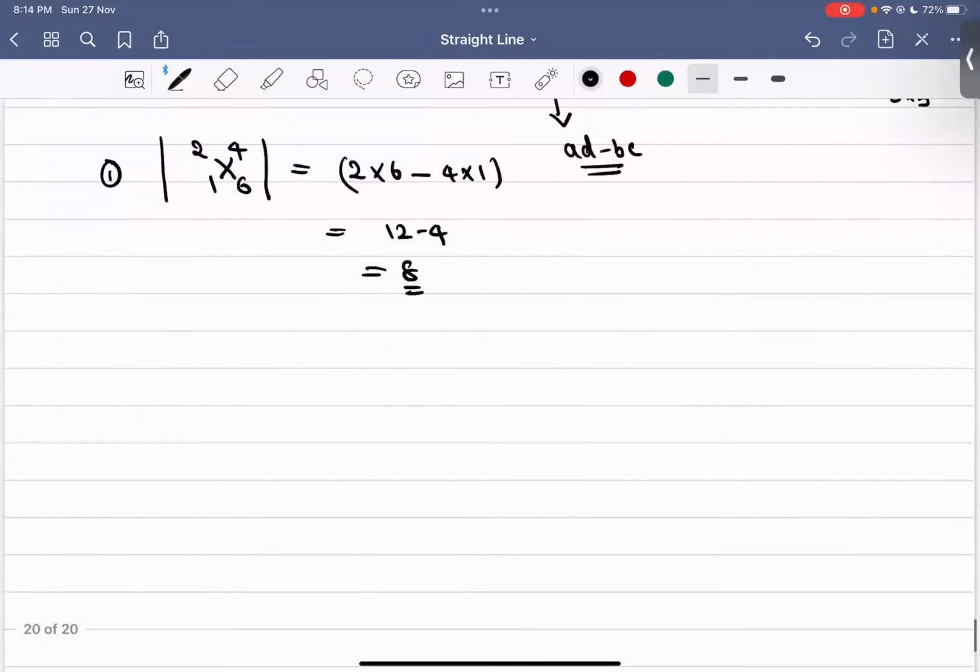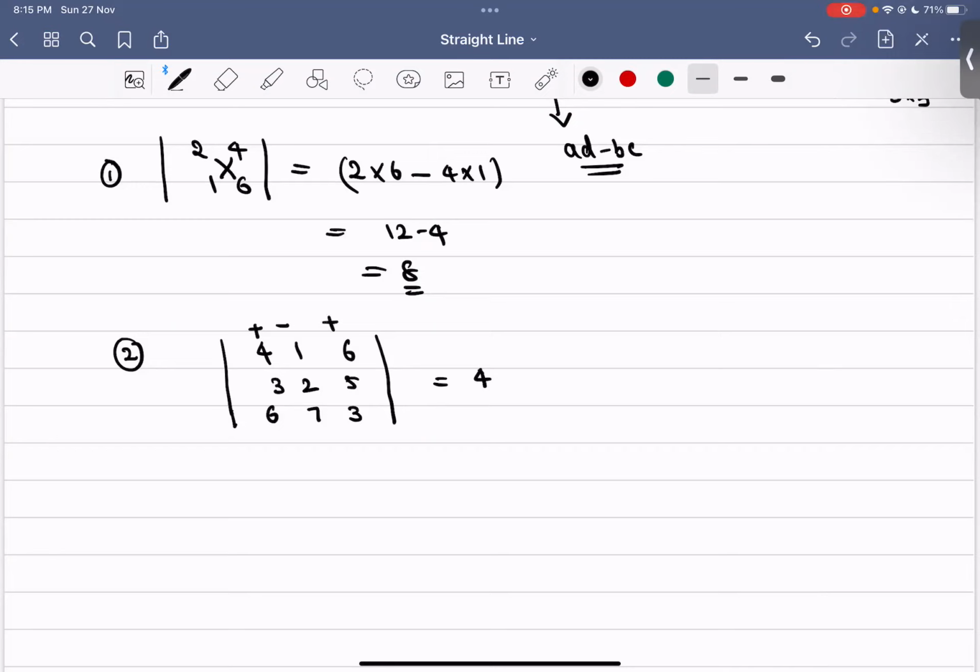Next, the 3 by 3 determinant. Suppose 4, 1, 6, 3, 2, 5, 6, 7, suppose some 3. To calculate this determinant, first this is equal to 4 into, and you write alternate signs here, plus, minus, plus.